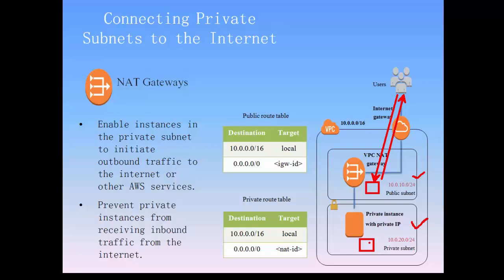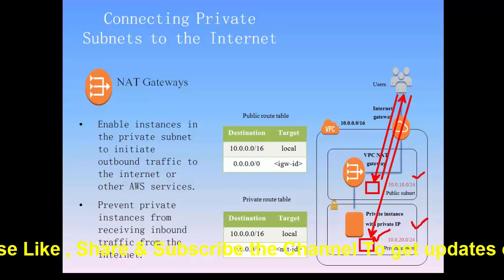But this particular EC2 machine is not in the public subnet, but still needs to access the internet. Then the question comes: if this machine also needs to access the internet, why don't we put it in the public subnet and connect it with the internet gateway?